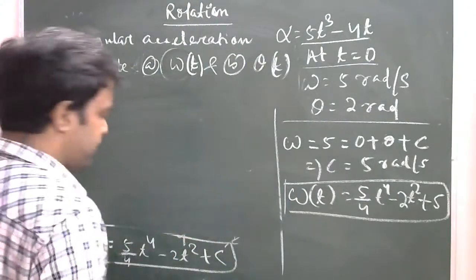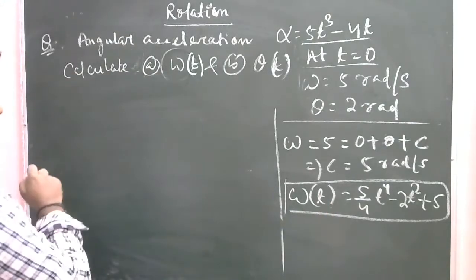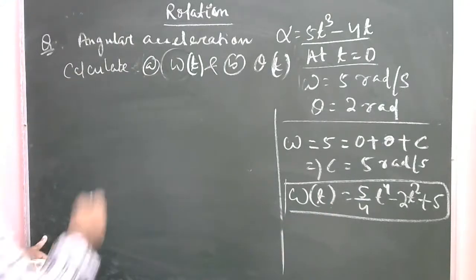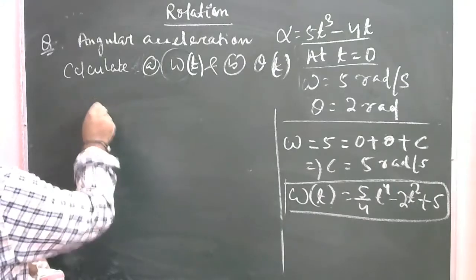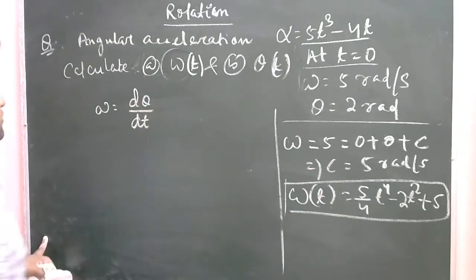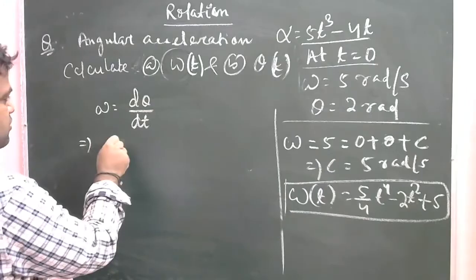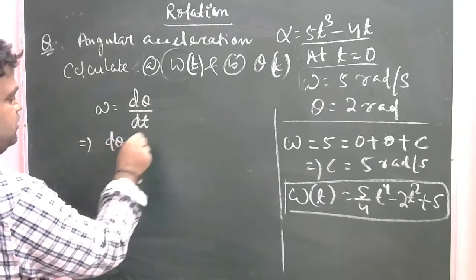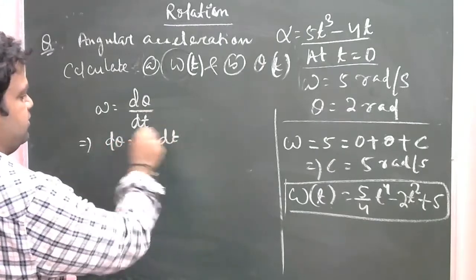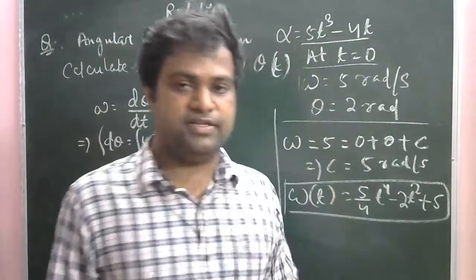So we are getting omega as this. Now we are interested in theta, because we know that omega is equal to d theta by dt. So d theta is equal to omega dt. Integrating both sides, these are indefinite integrals.